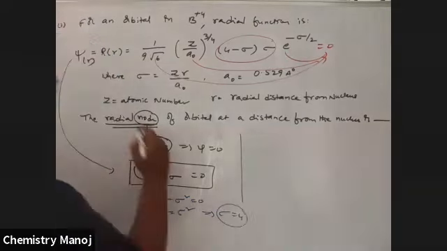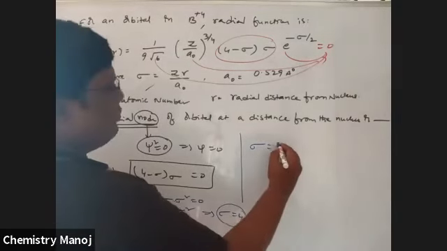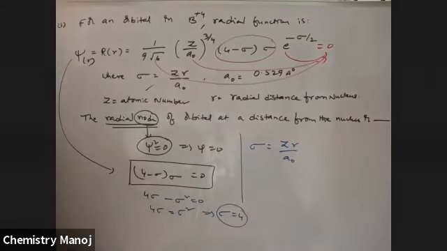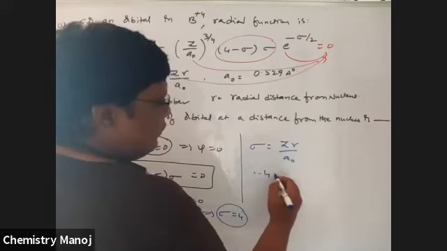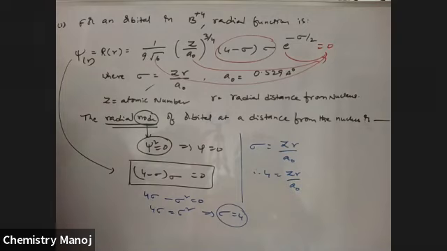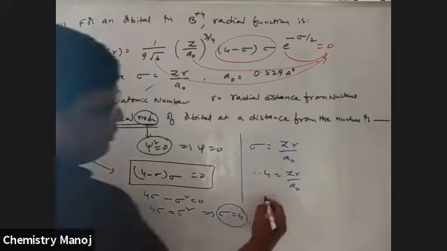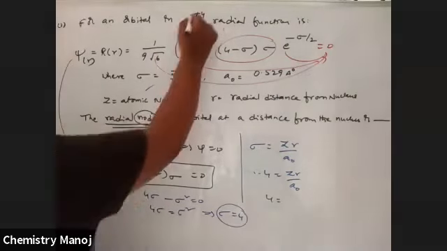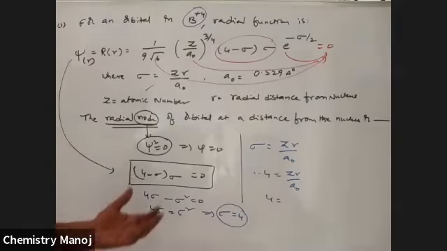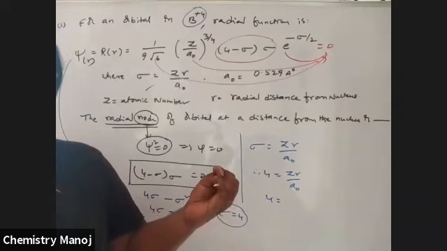Sigma is equal to ZR by A naught. Now sigma is equal to 4, therefore 4 is equal to ZR by A naught. Substitute the Z value and R value. What is this? Boron. For boron, Z value is how much? Hydrogen, helium, lithium, beryllium, boron, that is 5.